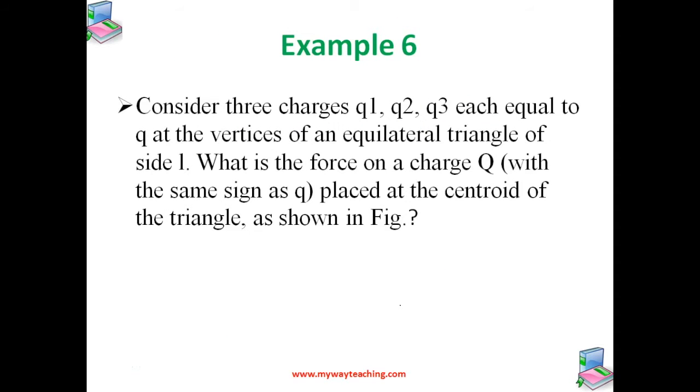Now let us see a simple example here. Consider three charges Q1, Q2, Q3, each equal to Q, at the vertices of an equilateral triangle of side L. What is the force on a charge Q, with the same sign as Q, which is placed at the centroid of the triangle?